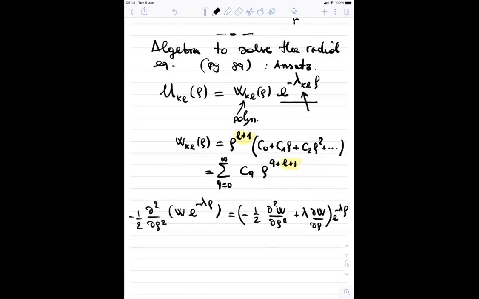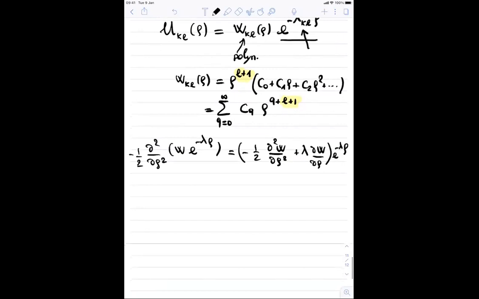The idea is that the exponential survives. So if you take derivatives, you can bring down some factors, but the exponential survives. Now if you use this fact, you will see that as usual, the exponential is the spectator. So you can erase this exponential from your equation, and your equation would look like the following.